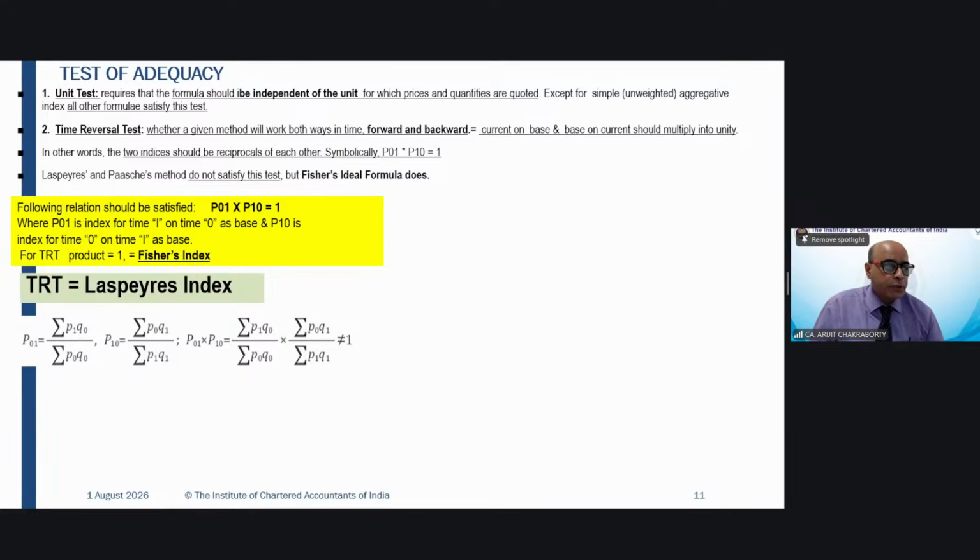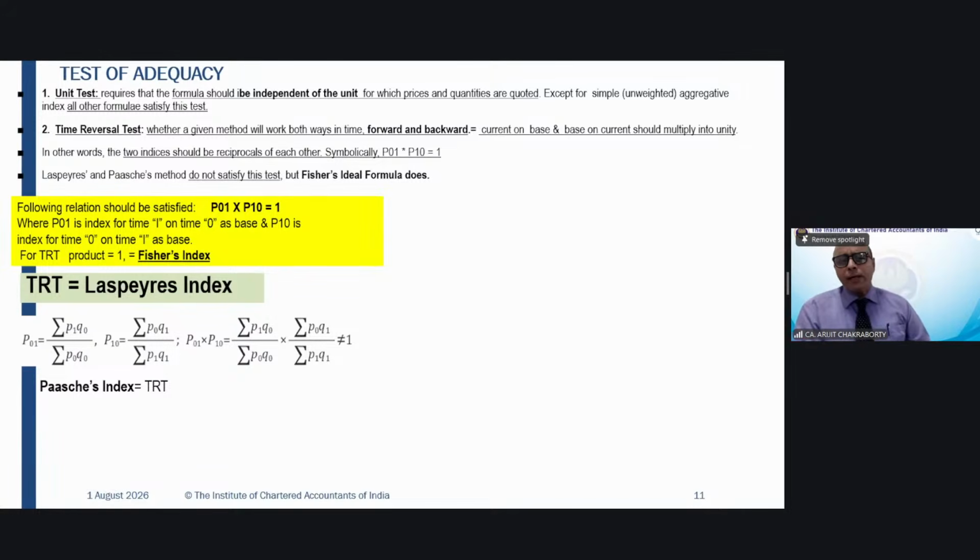So this comes to sigma P0Q1 by sigma P1Q1. But if you just find out the product, दोनों का अगर product निकाला जाए, it is not equal to 1. So therefore, Laspeyres index is not satisfying the time reversal test.